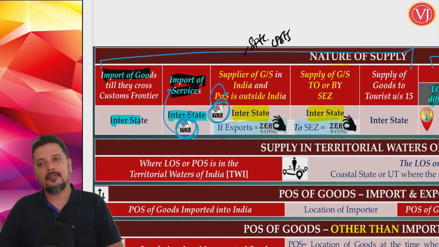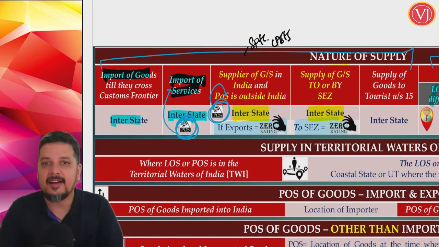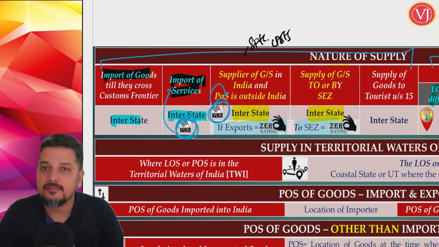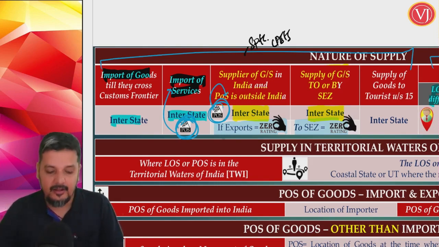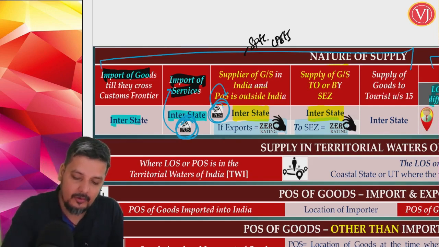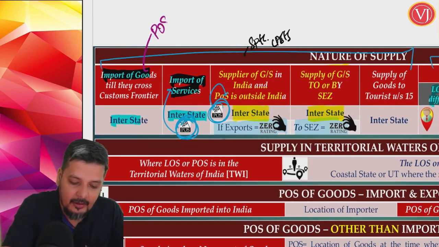You claim the refund. But if you see things carefully, when you are talking about an SEZ transaction, by SEZ or to SEZ, you need not find place of supply. By default, it is IGST. If it is import of goods, you need not even find place of supply.